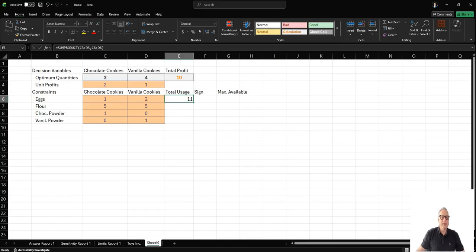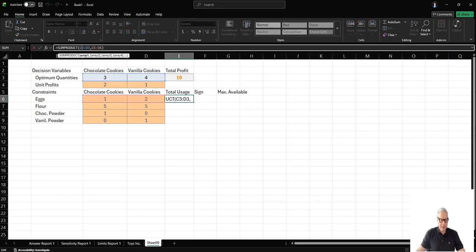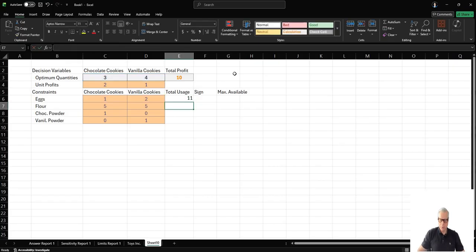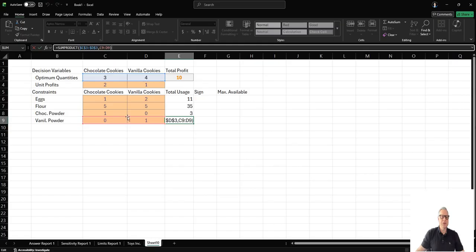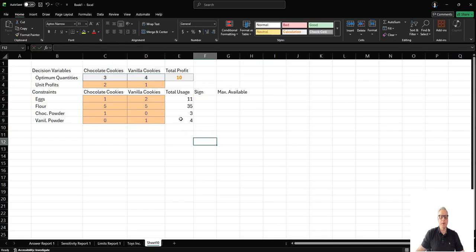And then I can fix the first row, and then I just can copy down that formula. And then you see it multiplies 3 times 0 plus 4 times 1 equals 4. So sum product is a useful formula. So that is also a calculation.